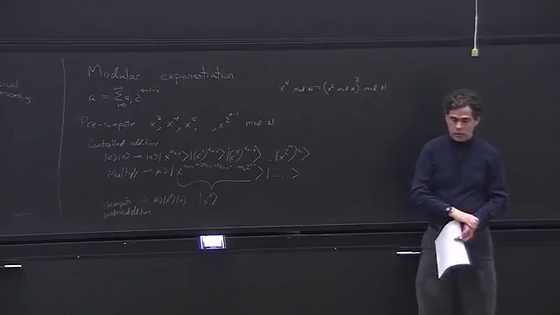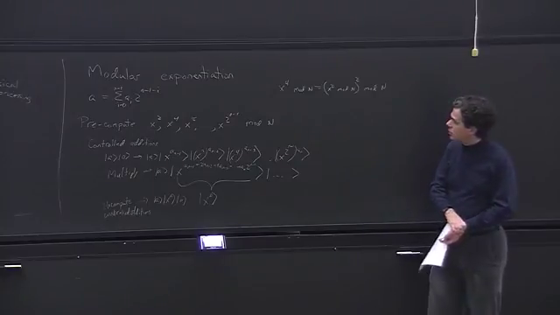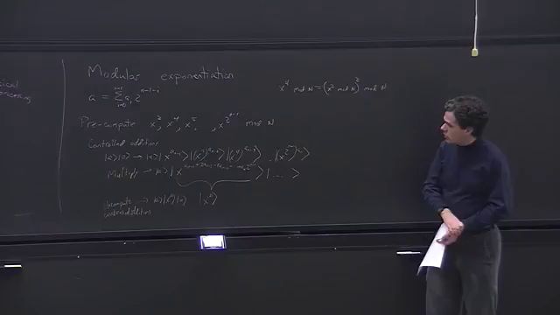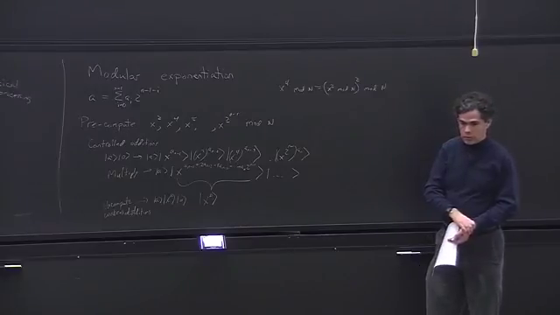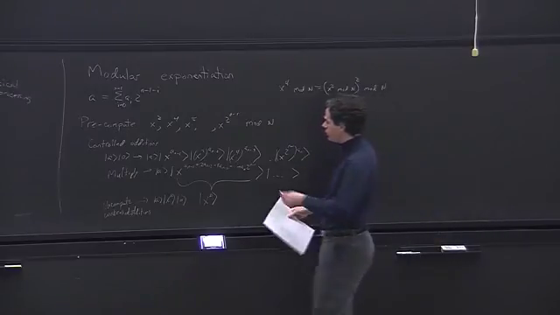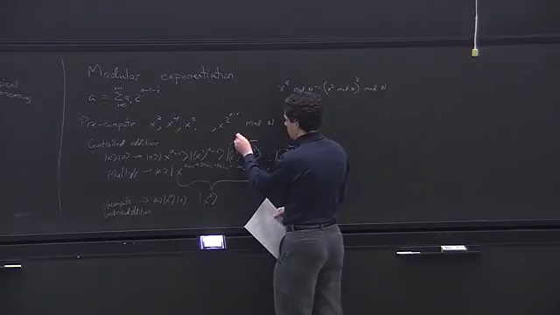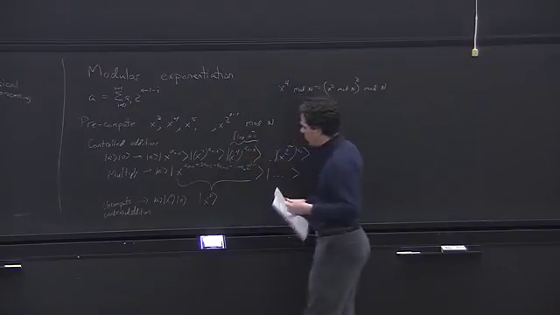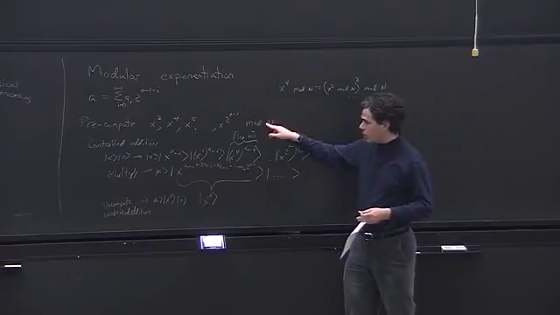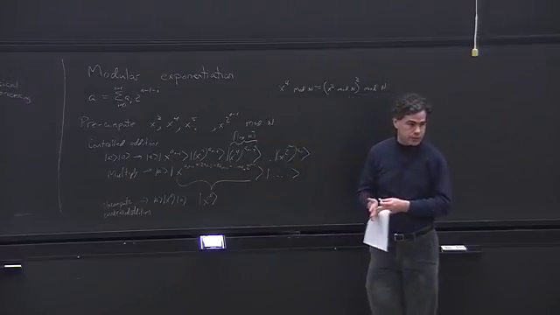When we write these qubits of x to the a N minus 1 and so on, is that still a qubit? No. Each of these registers should be log n bits, because they're numbers that are mod N, so they could be quite large.